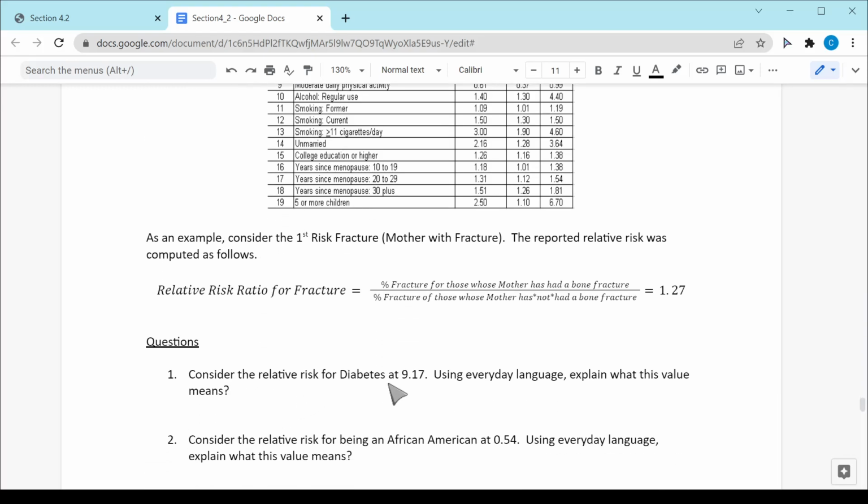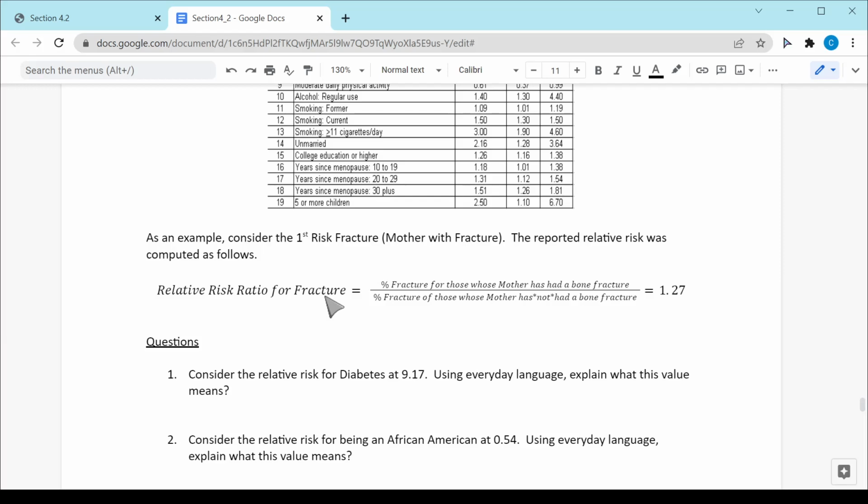So what is the chance that a postmenopausal woman is going to end up with a fracture? We're going to break that into two different groups. Has their mother had a bone fracture? And then the other group is that her mother has not had a bone fracture. So has had a bone fracture is in the numerator.